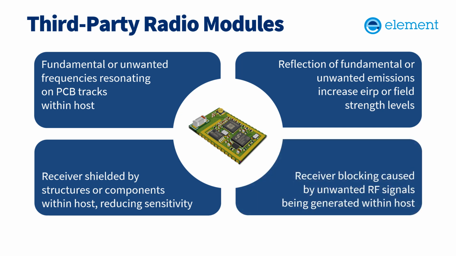And depending on where it's located or co-located with other devices, there might be blocking signals generated, so signals operating in other bands which desensitize the receiver as well. All of these things affect the performance of the radio module when it's integrated into the host product.